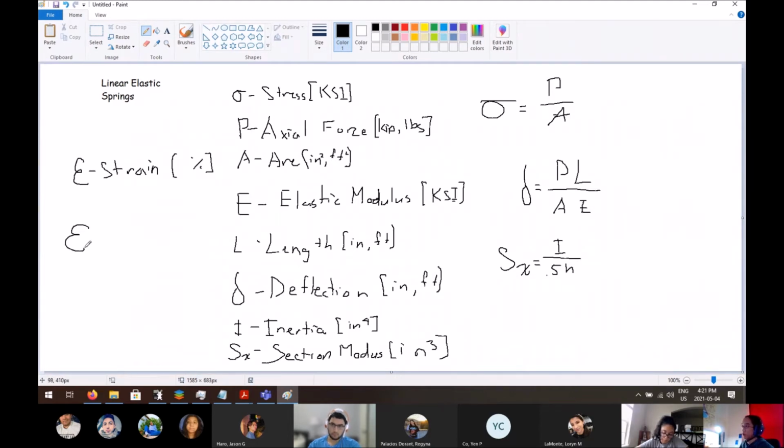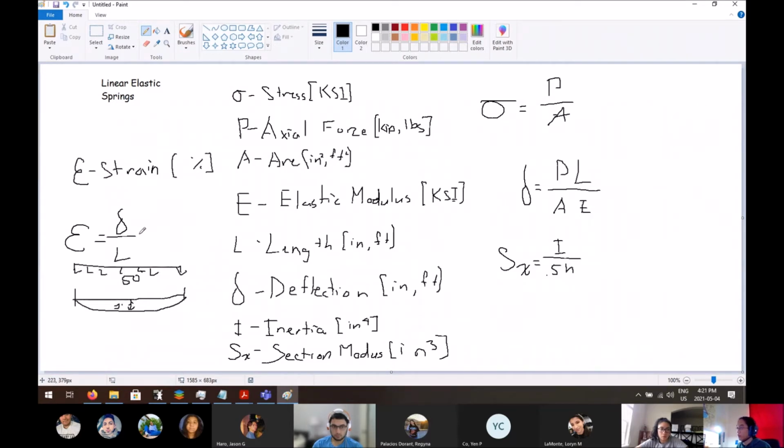And so strain is just deflection of a member divided by its overall length, right? Let's say you have a member that's 50 feet long, and it deflects 1 foot because there's a load right there.